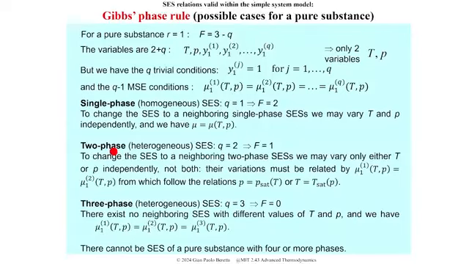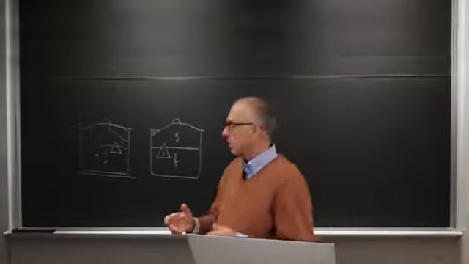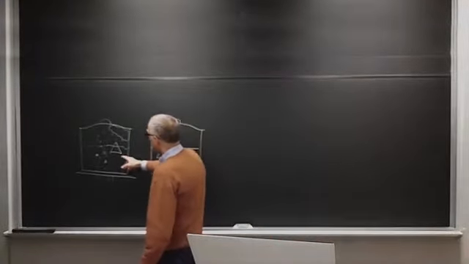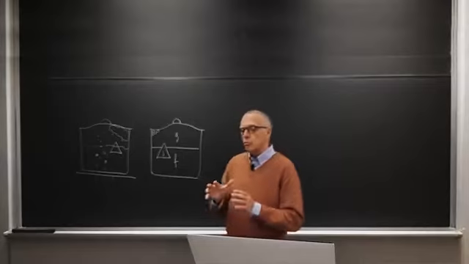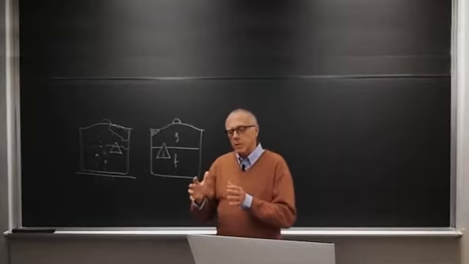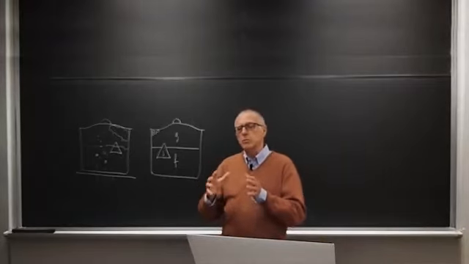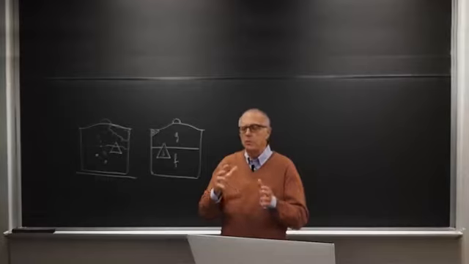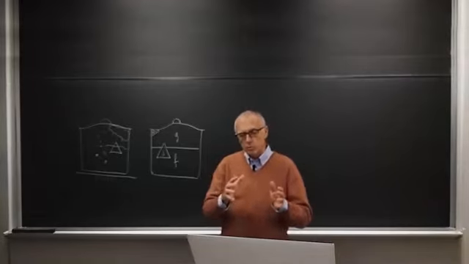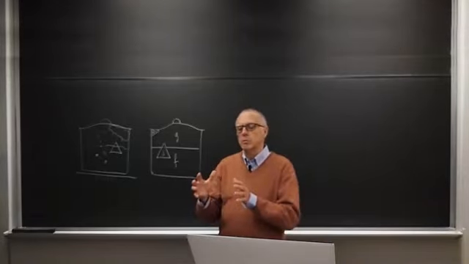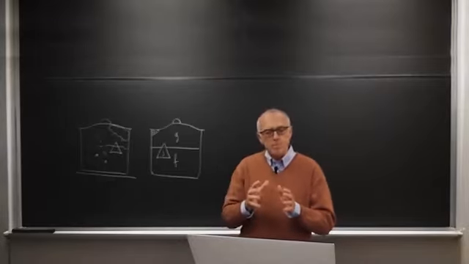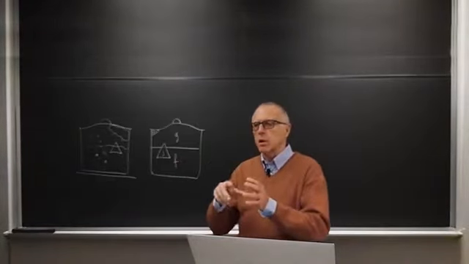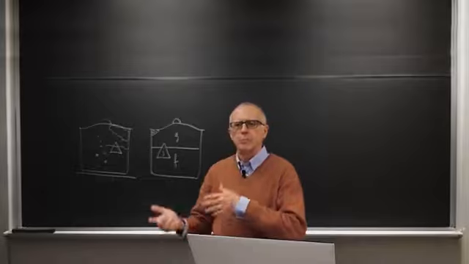If I have 2 phases, like this, well, without the ice, and I want to move to another neighboring stable equilibrium state with the same 2 phases, so for example, liquid and vapor, I want to move to an adjacent stable equilibrium state, again with liquid and vapor, I cannot do it by arbitrarily changing both the temperature and the pressure.